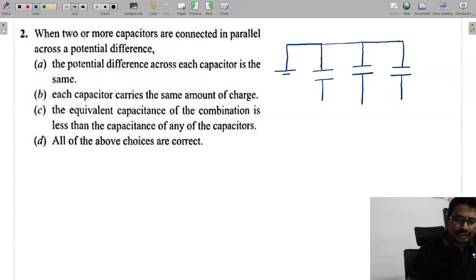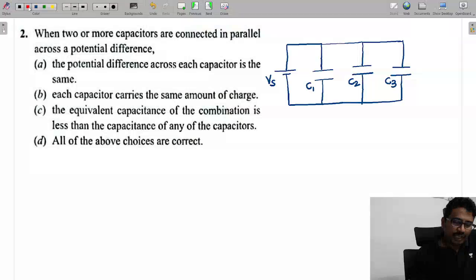Let us say this is the supply voltage Vs. The capacitors have been connected in parallel, and this is C1, this is C2, this is C3, right? Now you can see the potential across each capacitor.